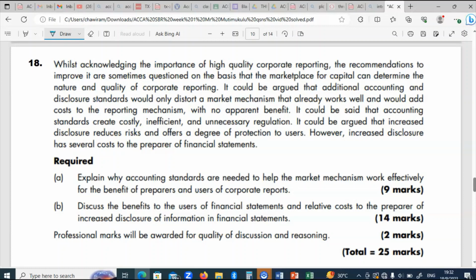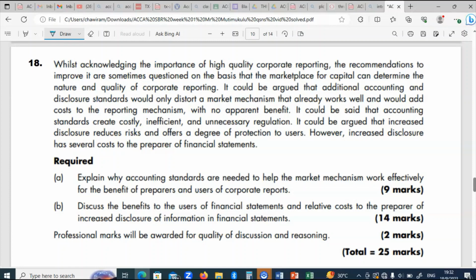Okay, so this question is saying, while it's acknowledging the importance of high quality corporate reporting, the recommendations to improve it are sometimes questioned on the basis that the marketplace for capital can determine the nature and quality of corporate reporting. It could be argued that additional accounting and disclosure standards would only distort a market mechanism that already works well and would add cost to the reporting mechanism with no apparent benefit.